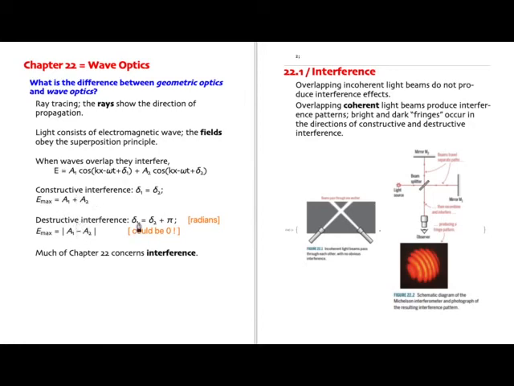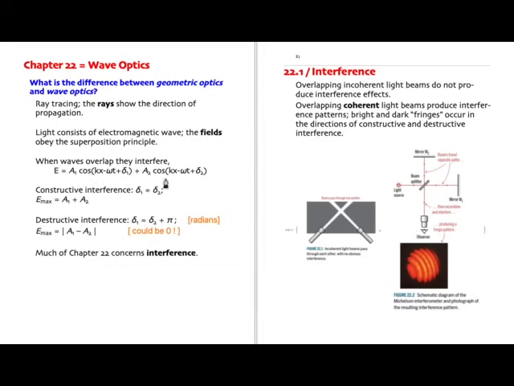Destructive interference occurs when delta 1 and delta 2 differ by pi radians. So, in other words, suppose I take delta 1 to be 0 and delta 2 to be pi, then this would be cosine(kx minus omega t), and this would be minus cosine(kx minus omega t).